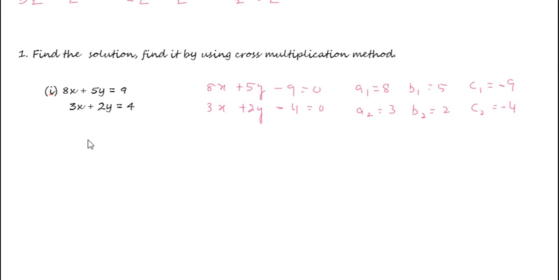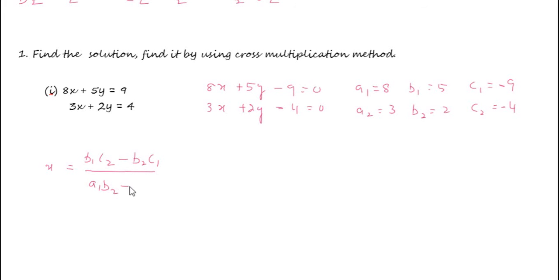Now we know the formula for finding x and y. So x is equal to b1 c2 minus b2 c1 divided by a1 b2 minus a2 b1.